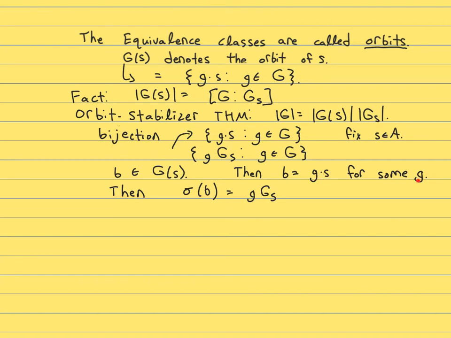So we picked a G and defined a map. Well, what if there was another one? So suppose B is also equal to G prime dot S for some G prime. My point is, when you look at lots of examples, there's sometimes more than one group element that sends an element to another one.